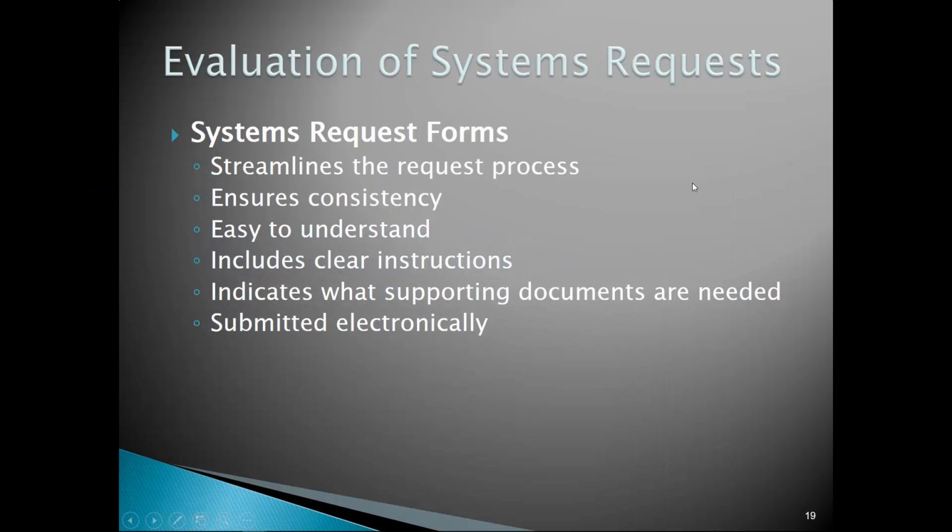So the first thing, of course, is that systems request form. What is it we're looking for? By having a form that is filled out consistently, we can assess one project against the other based on everything the form contains. So we get that consistency. It's easy to understand.